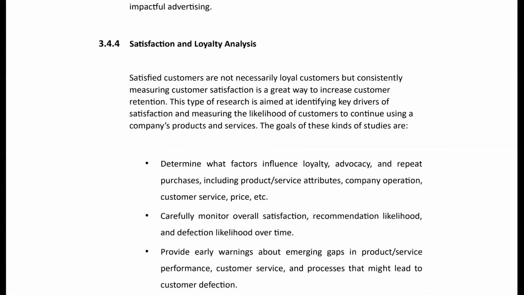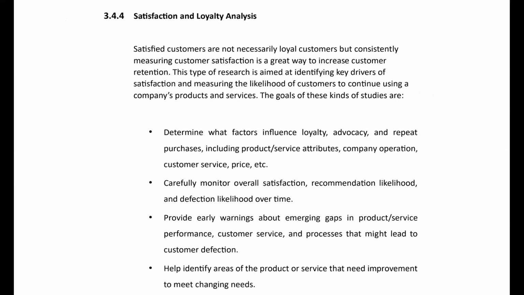Satisfaction and loyalty analysis is another form of marketing research. Under satisfied customers, you find that most of the time, satisfied customers are not necessarily loyal customers, but consistently measuring customer satisfaction is a great way to increase customer retention.